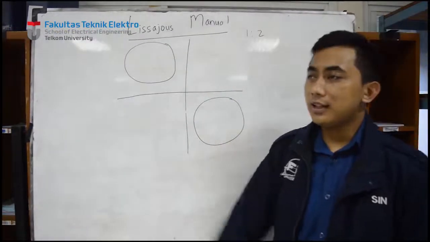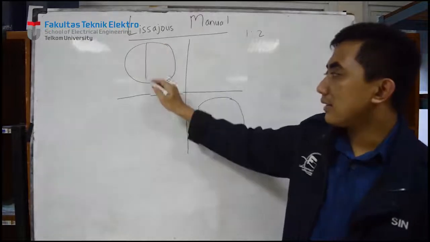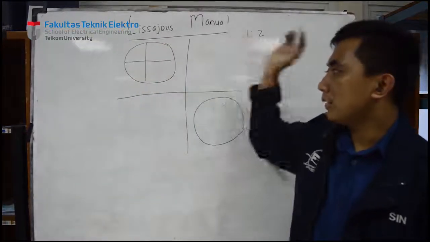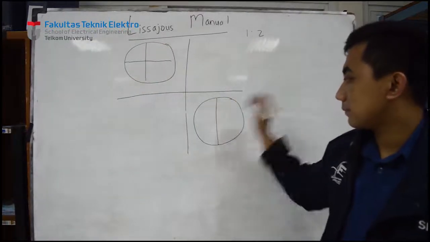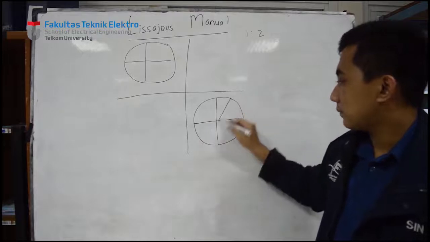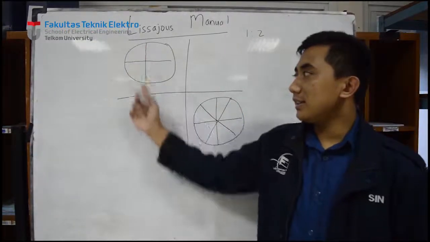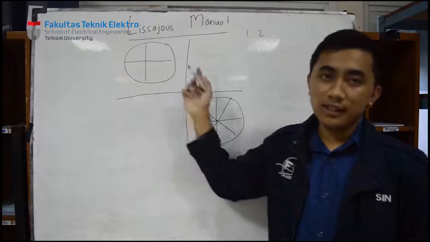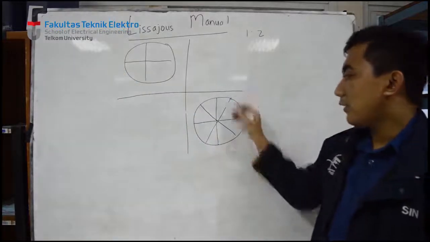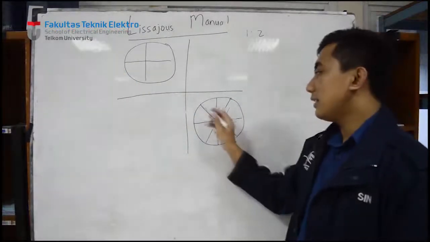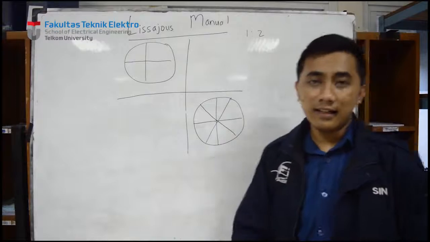For 1 to 2, we make line like this. In quadrant 2 is vertical line and horizontal line. In quadrant 4 is vertical, horizontal, and diagonal.